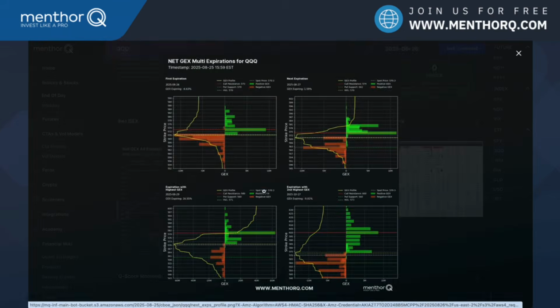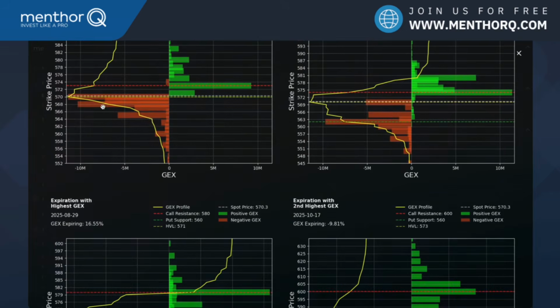So here, what I see is a very, very big amount of negative gamma expiring today, and a lot of negative gamma expiring at this level here.